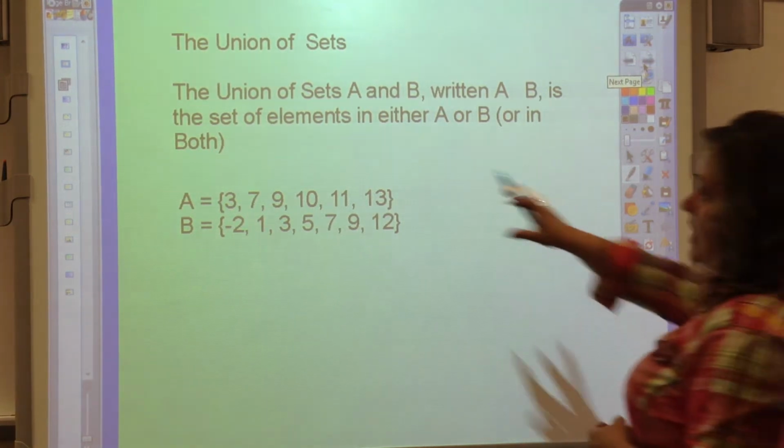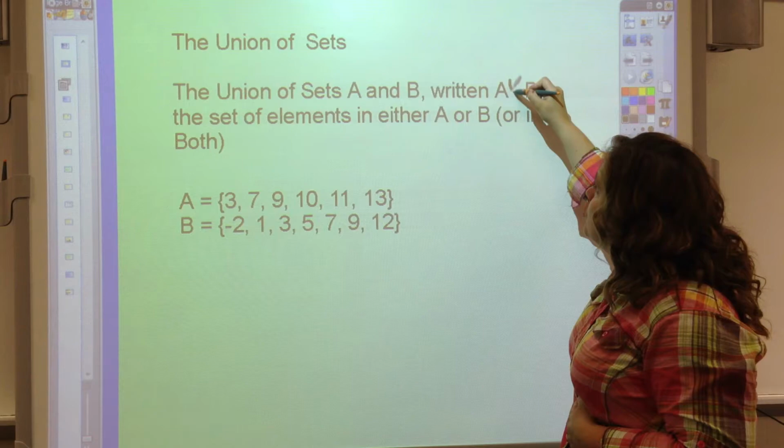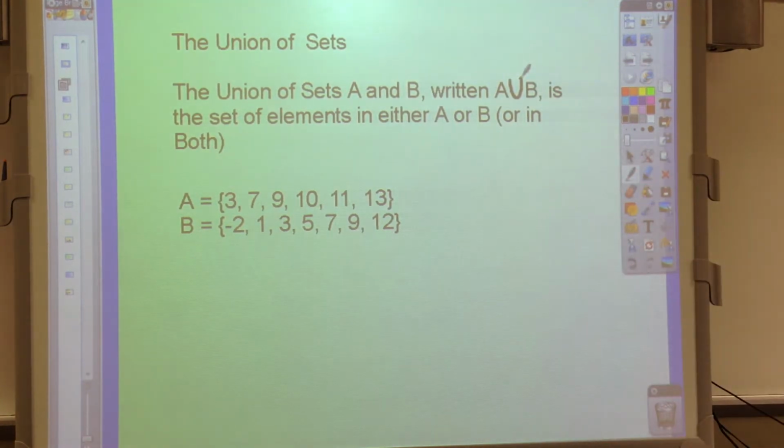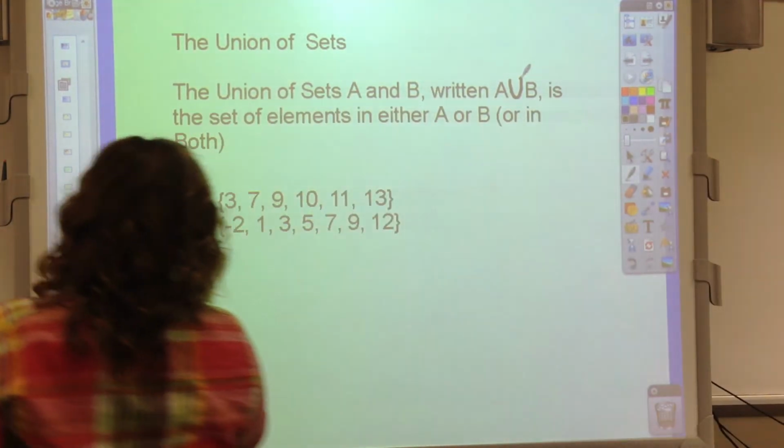Your union of sets A and B is written A union B, and is the set of all elements in either or. Basically, we want to get everything without repetition.